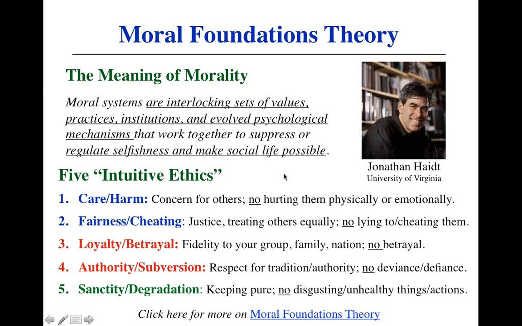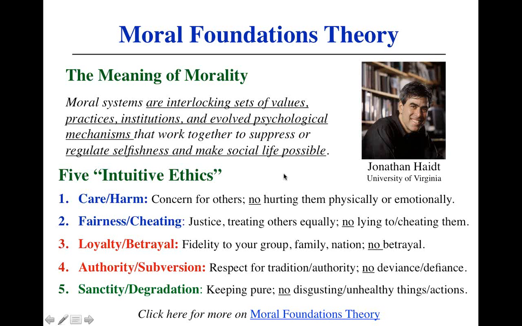Even if I've ordered them 1, 2, and 3 here, Haidt is keen to say that one is not better than the other. There are differences between cultures, and even people at different political ends of the spectrum, in how they might order these things.